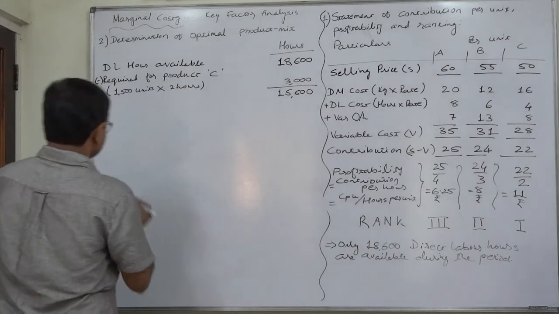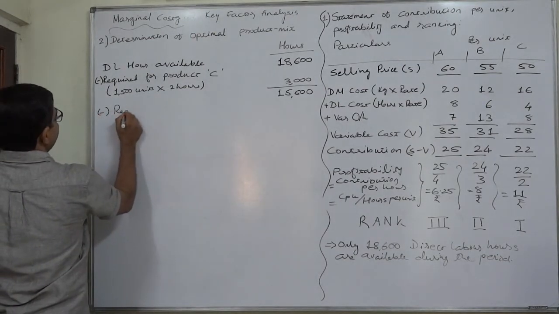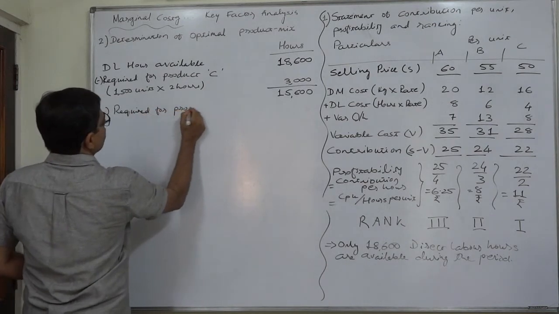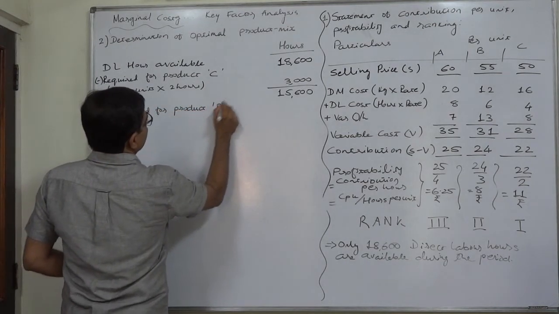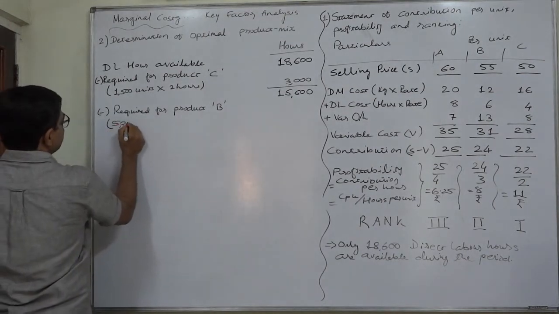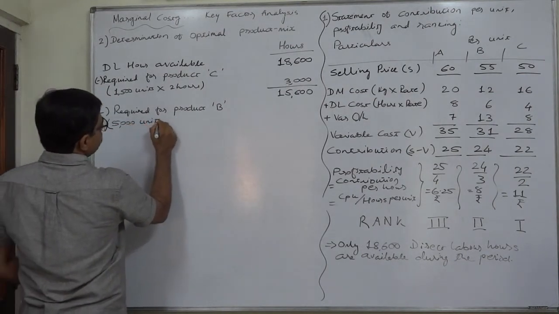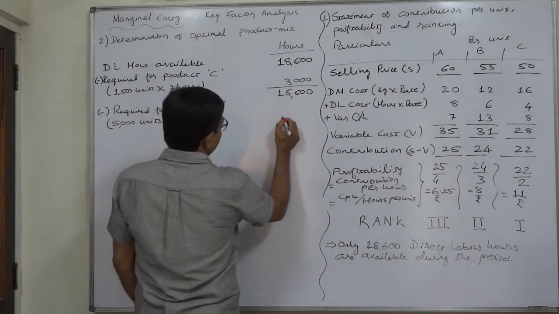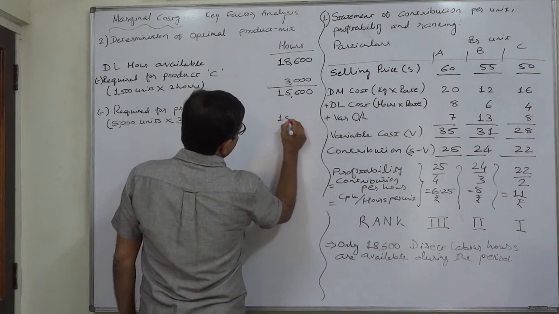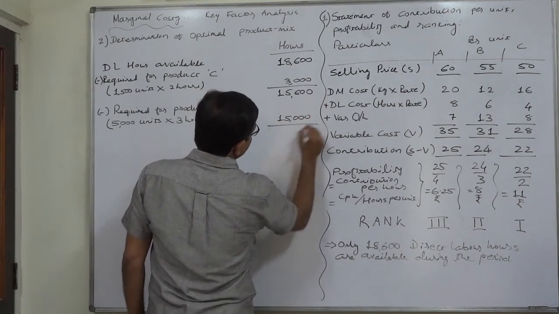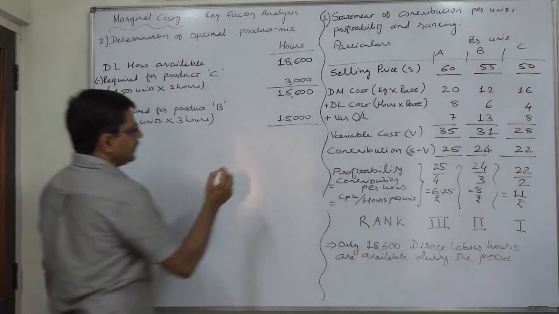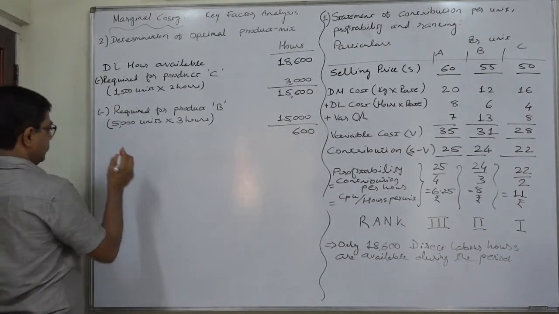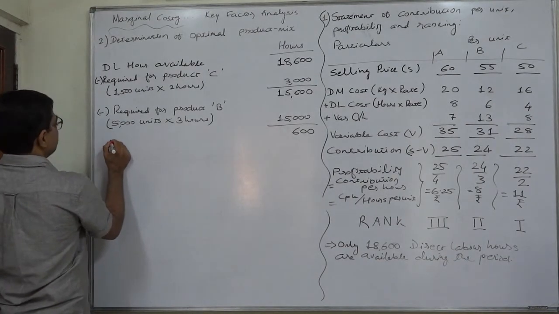So the requirement for product B is the demand or maximum sales potential of 5,000 units multiplied by the per unit requirement of labor hours 3. So a total of 15,000 hours are required for product B, and now only 600 hours are available. Only 600 hours.